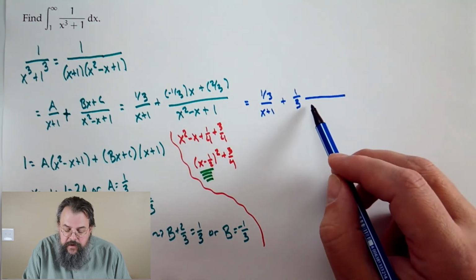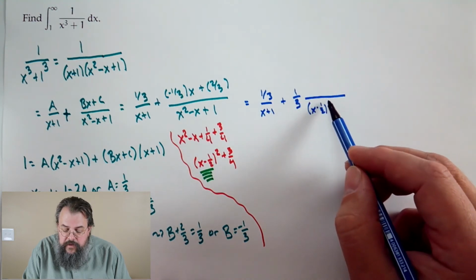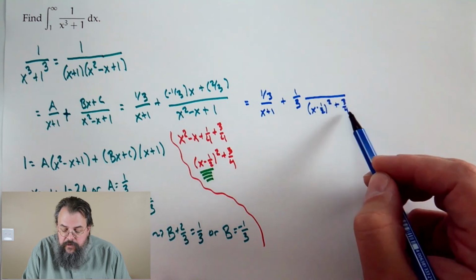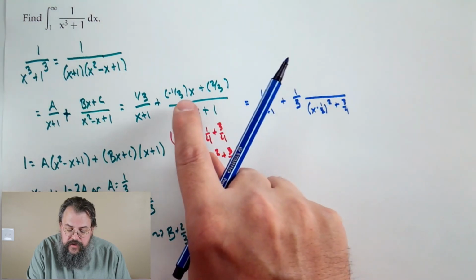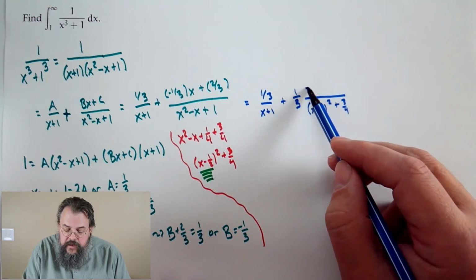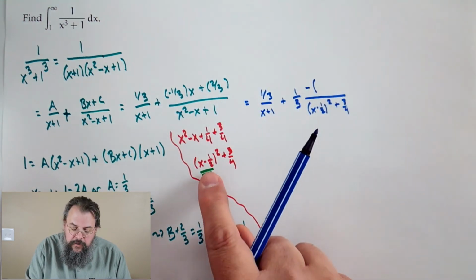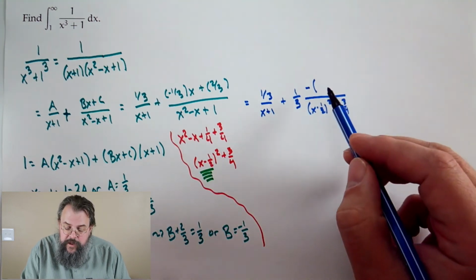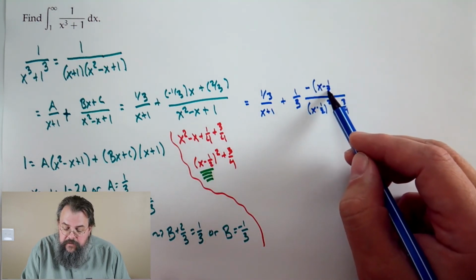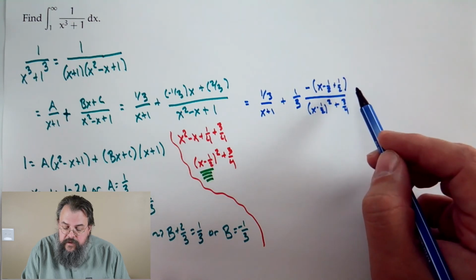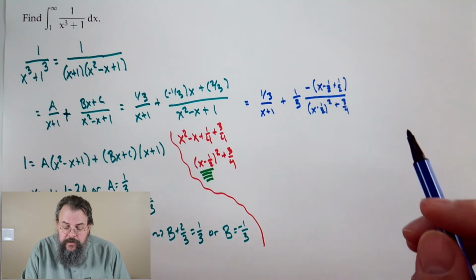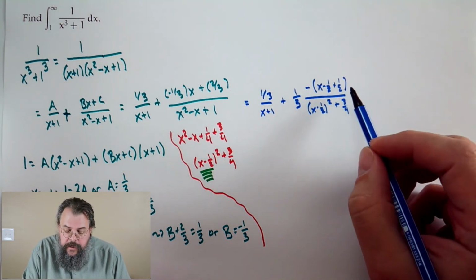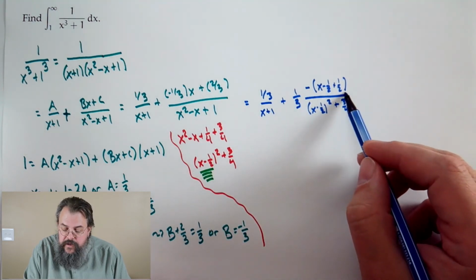And downstairs we have x minus a half squared plus 3/4. And upstairs, we've pulled out the third, so it's the minus x. And here's the way we're going to do it: I don't want to think of that as x. I'm going to think of that as x minus a half plus a half. Because if I do minus a half plus a half, that's just 0. And of course, I haven't forgotten, there's a plus 2 on the end.